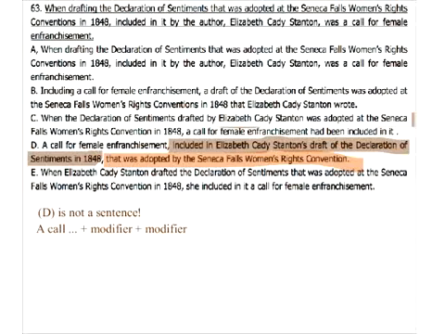What about C? When there's, I mean, they don't really test non-essential versus essential.